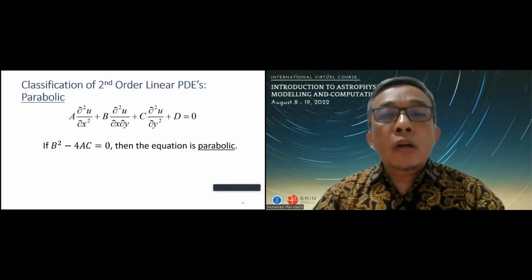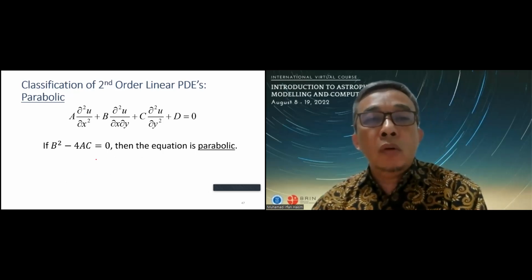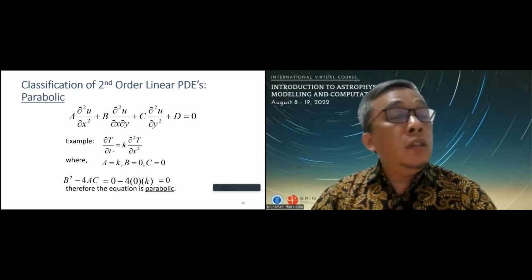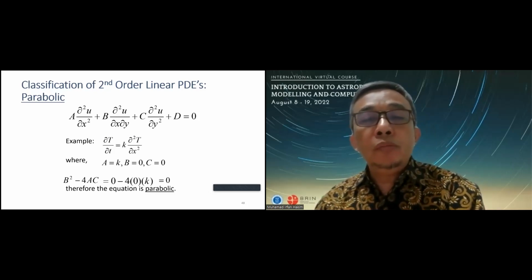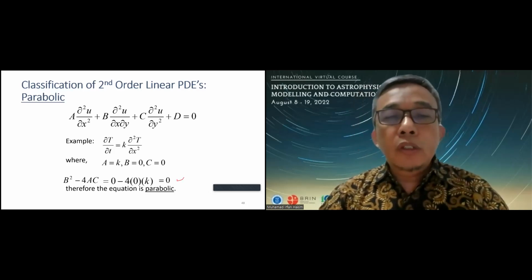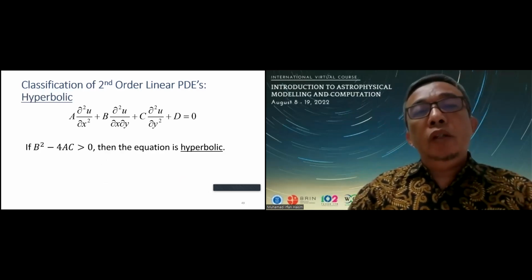The next is parabolic PDE. This value is 0. For example, this is an example of the heat equation. A equals K, B equals 0, C equals 0. So this value is 0. So this equation is a parabolic PDE.